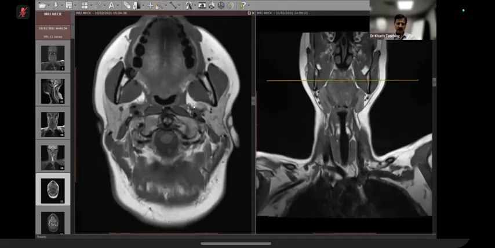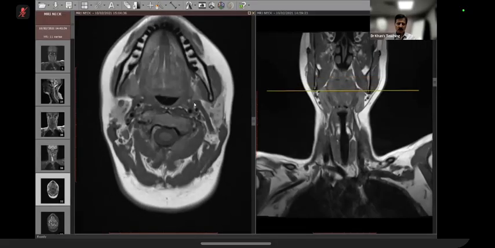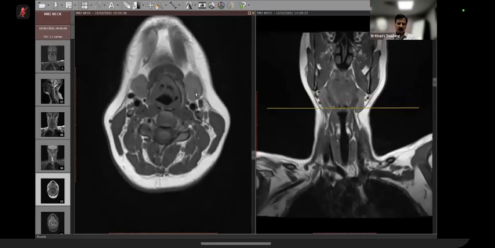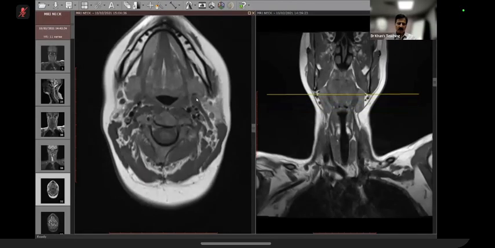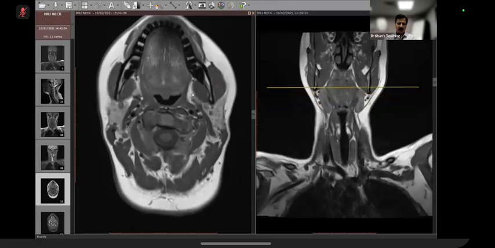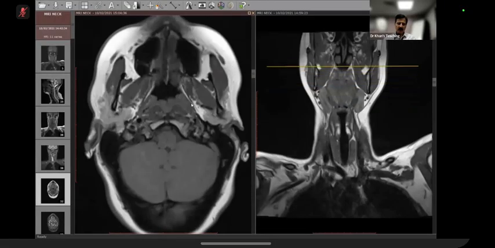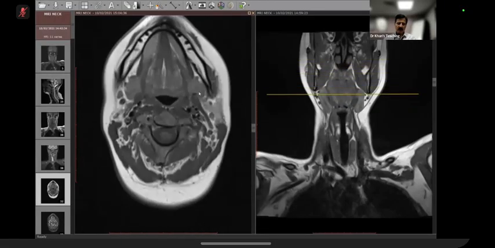Look at this fat and let's trace it downwards. And as we go down, you can see that this is the submandibular gland. I'm going to trace it upward once again. And from here onward, it is better visualized. But down here, it becomes quite attenuated.